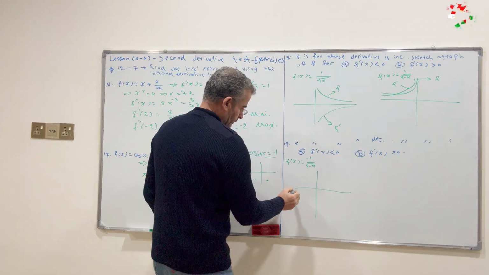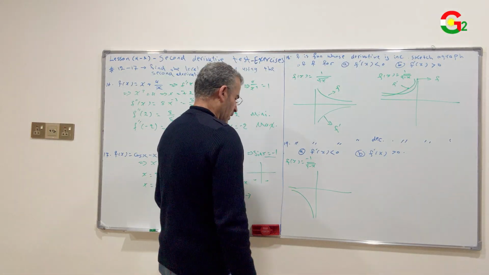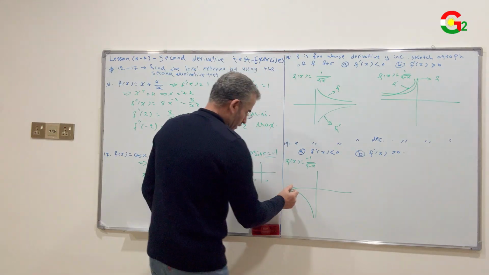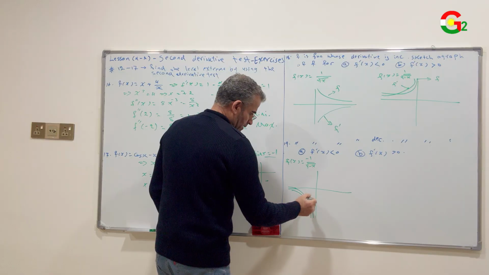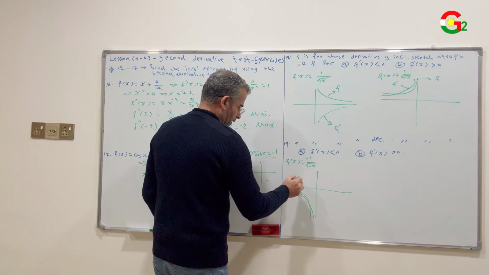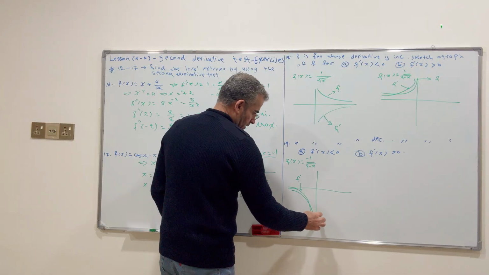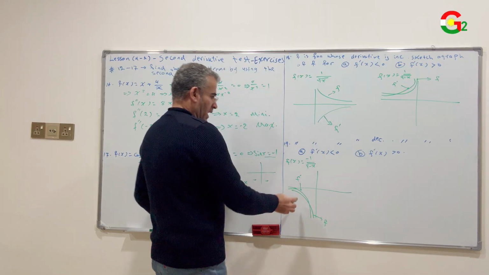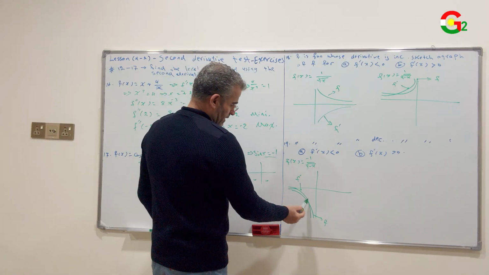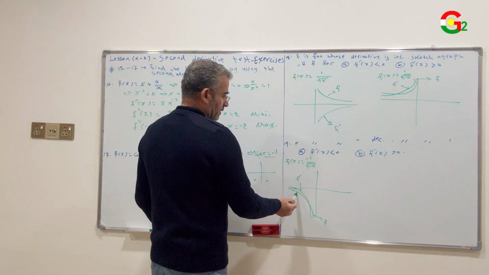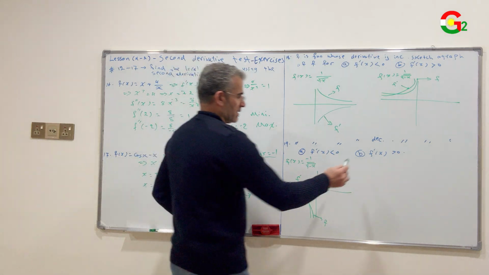The graph takes this shape, and its derivative is like this. This is the derivative of the function, and this is the function f. As you see, the derivative of the function is decreasing, and it is less than 0 because it is under the x axis.